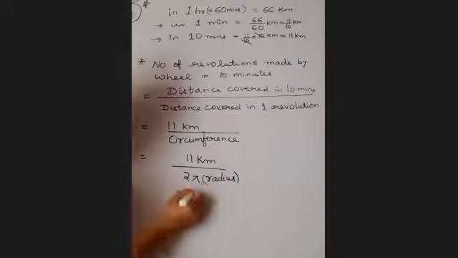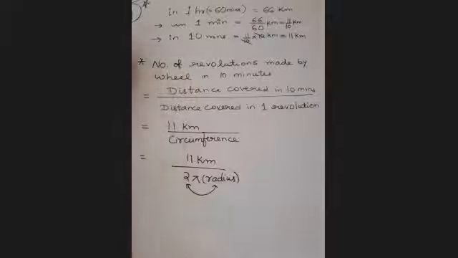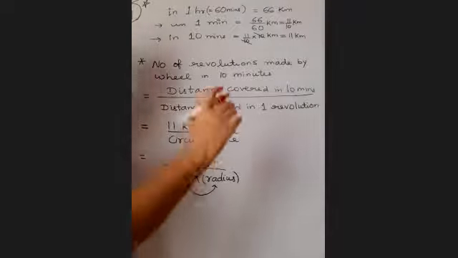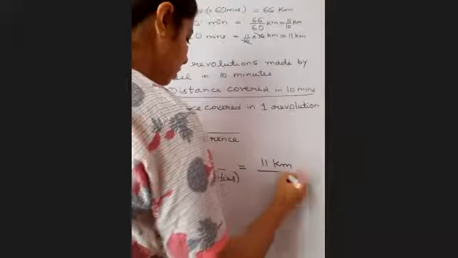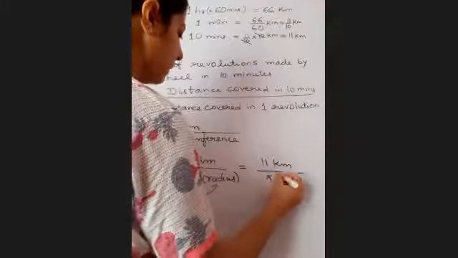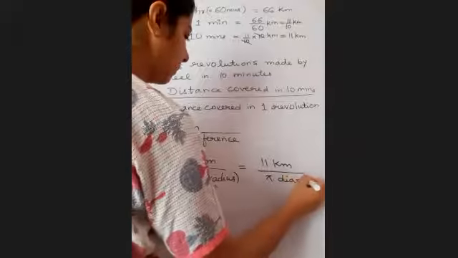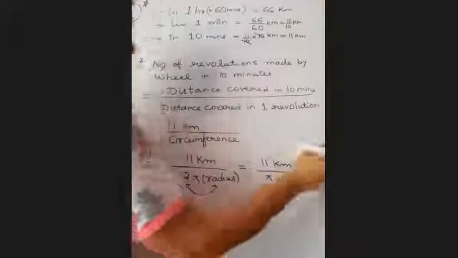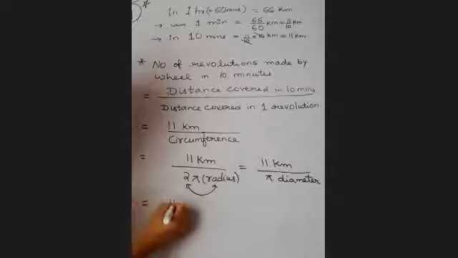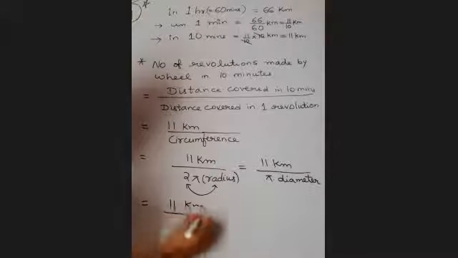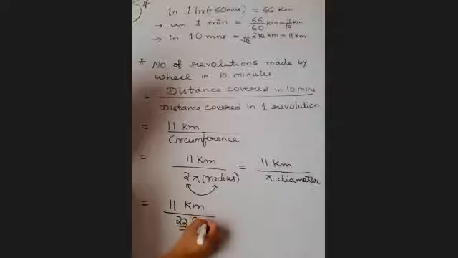And what is 2 into radius? Diameter. Why am I saying so? Because I am giving the diameter in the question. So 11 kilometers upon pi into diameter. You can calculate the radius also from the diameter, one and the same thing. So this is further equal to 11 kilometers upon 22 by 7 into 80 centimeters.